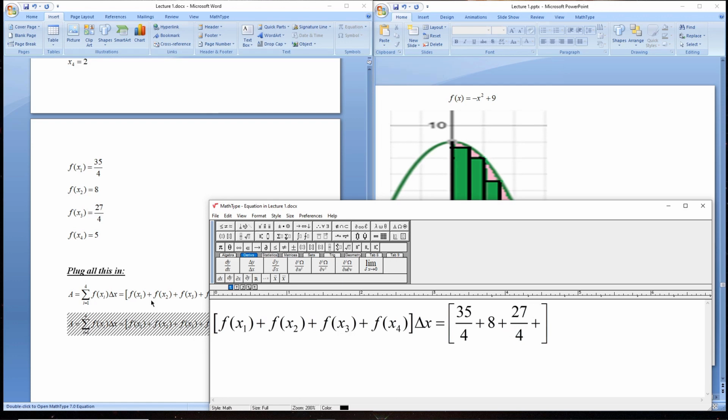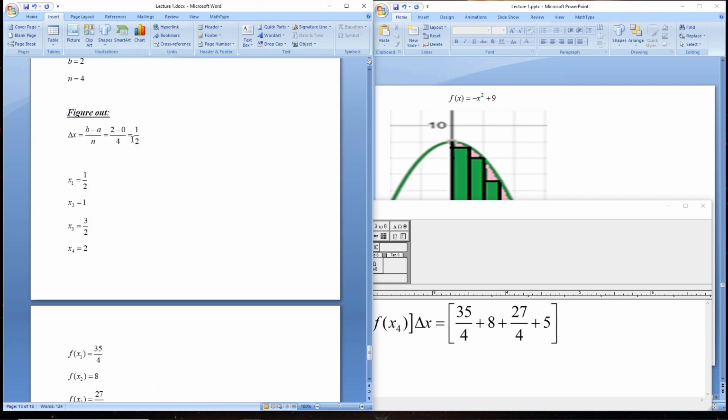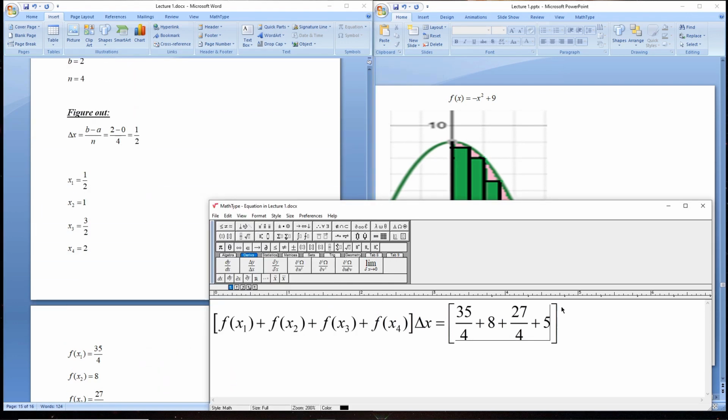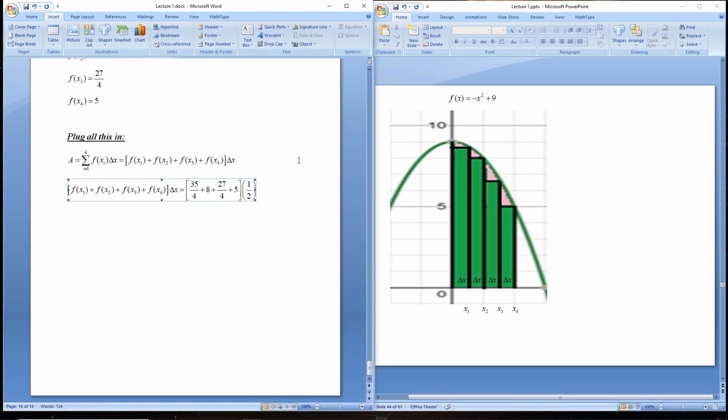And then for x sub 4, we got 5. And all of this is multiplied by delta x, which we figured out is a half. So there's the remaining arithmetic we've got to finish up here to get our final number answer.